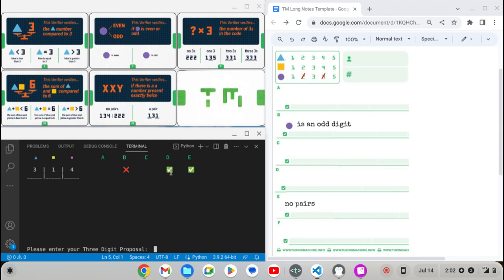And since the Turing machine approves of that, that means that the sum of the first 2 digits is actually less than 6. So let's go ahead and type that up in section D. That triangle plus square should be less than 6.